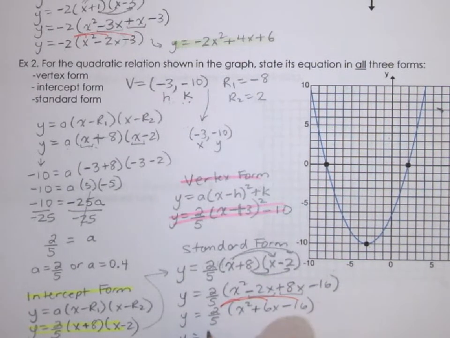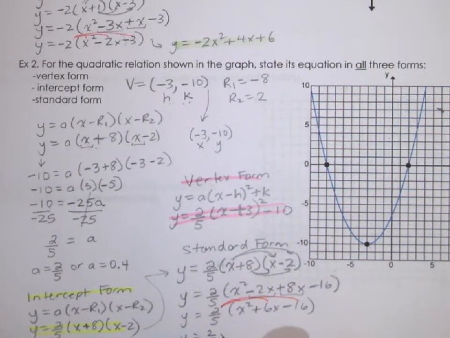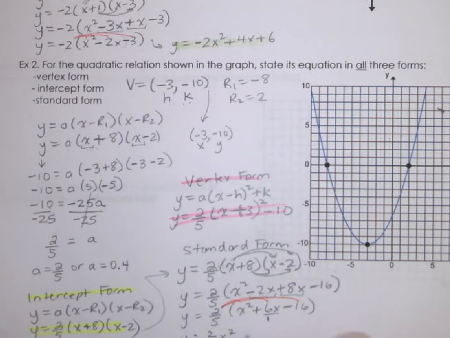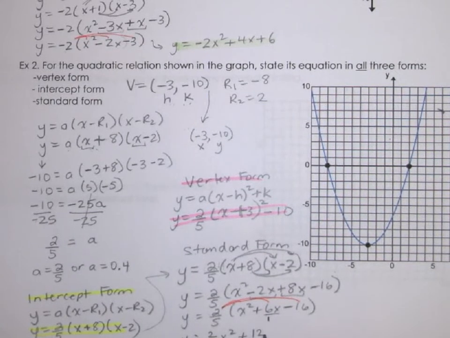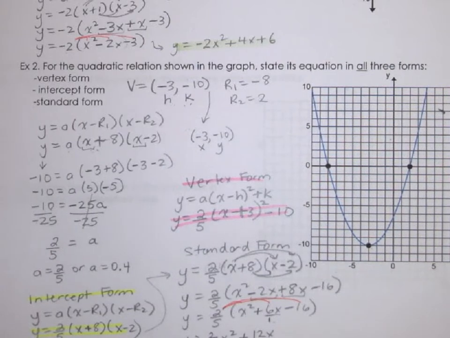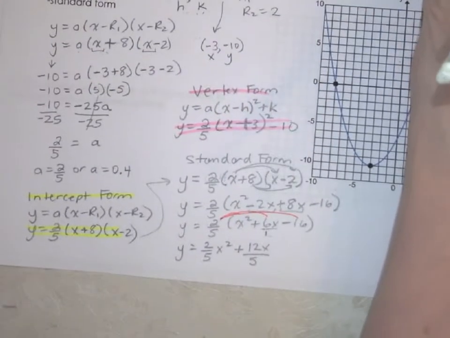So 2/5 times x squared is just 2/5 x squared. 2/5 times 6x, so treat it as 6x over 1 and multiply the tops together. So that's going to be plus 12x, and then multiply the bottoms together over 5. Oops, I'm running out of room there.